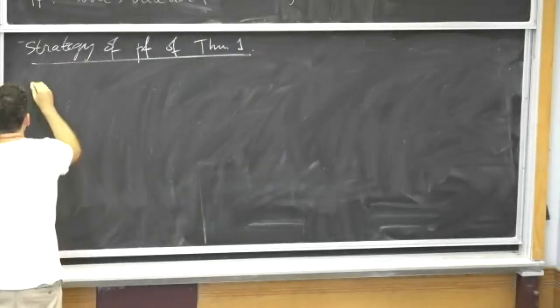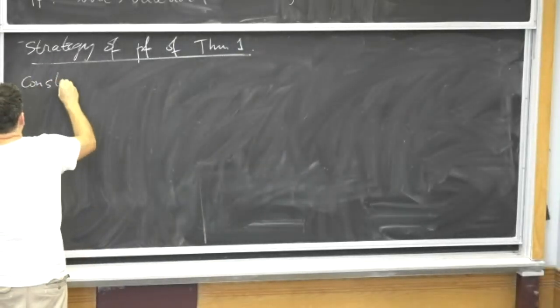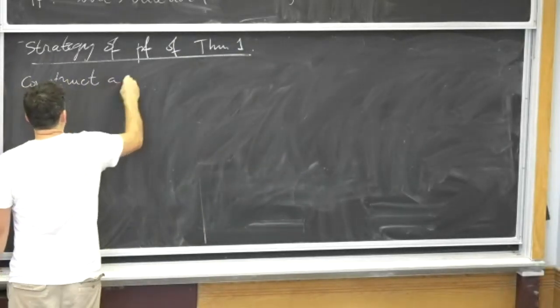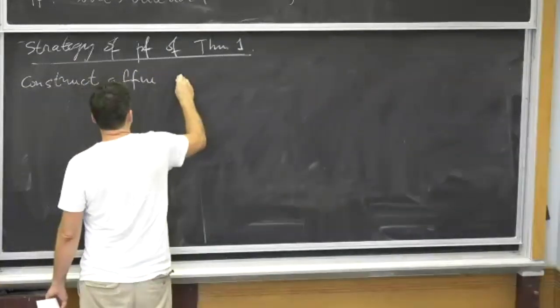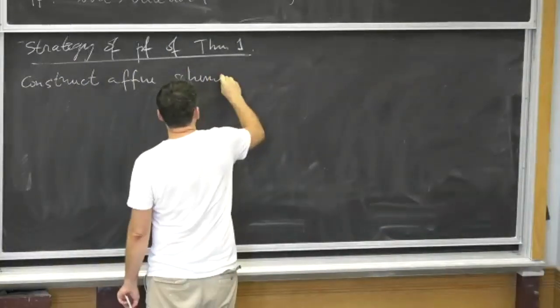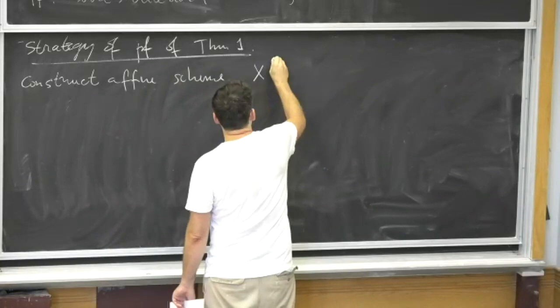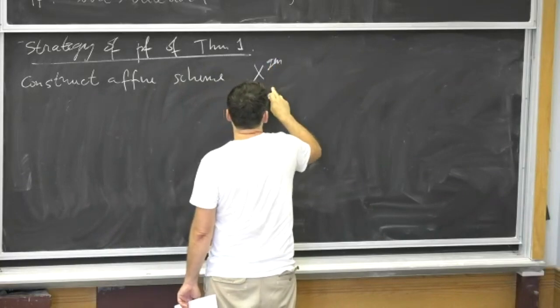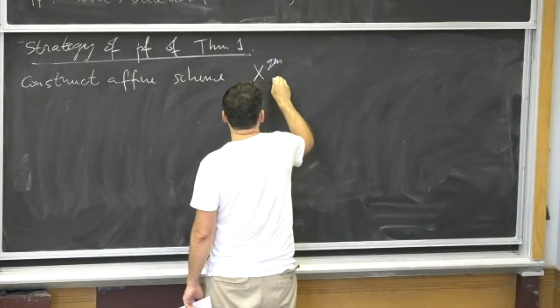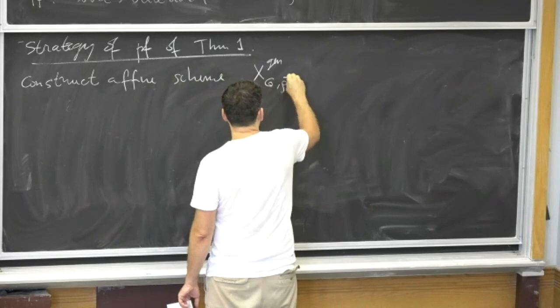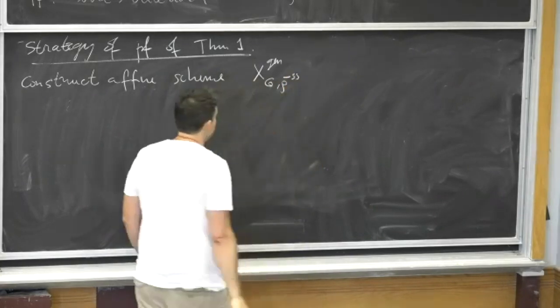So we construct an affine scheme, and the notation is X gen. I guess it depends on G and rho bar, the semi-simplification of this rho bar.